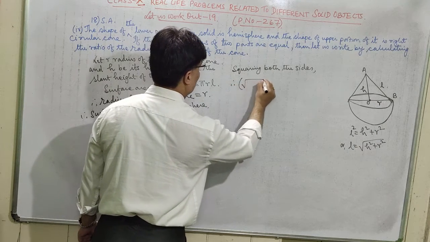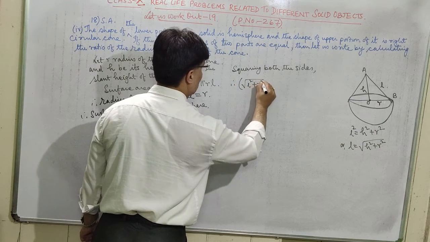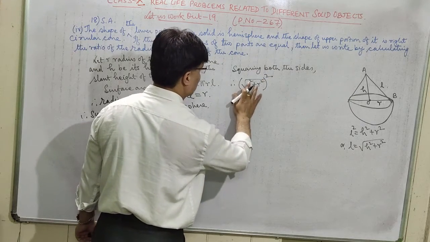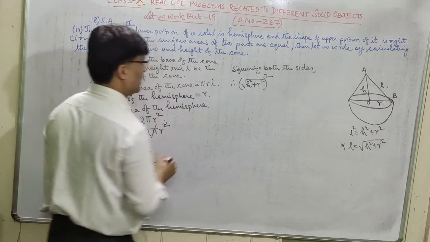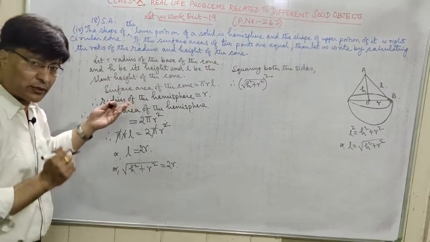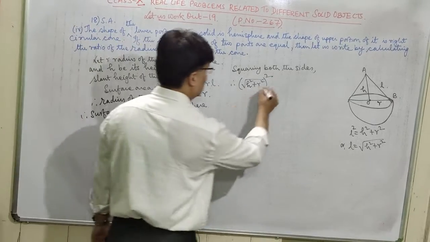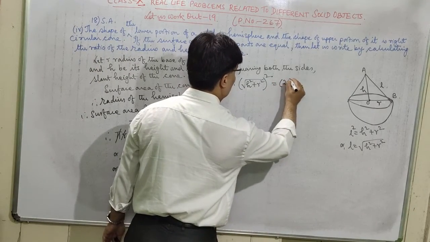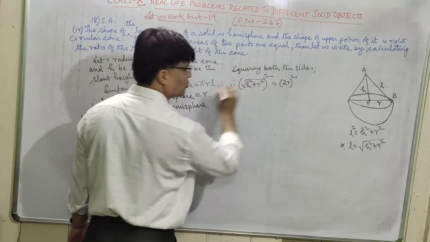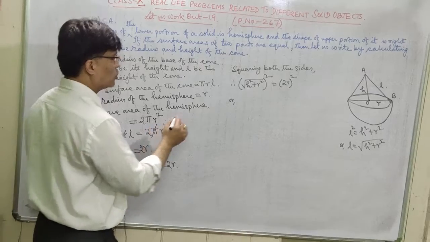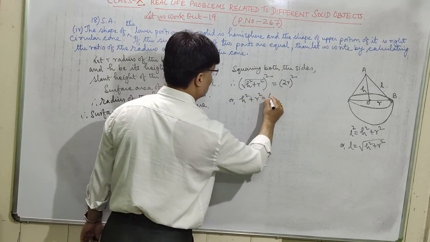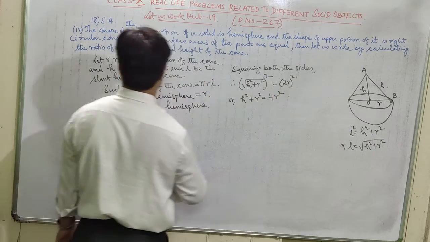Root over h square plus r square, whole square, it is squared because you have to remove the square root, which is equal to 2r whole square. So the root and the square cancel, and we can write h square plus r square is equal to 4r square.